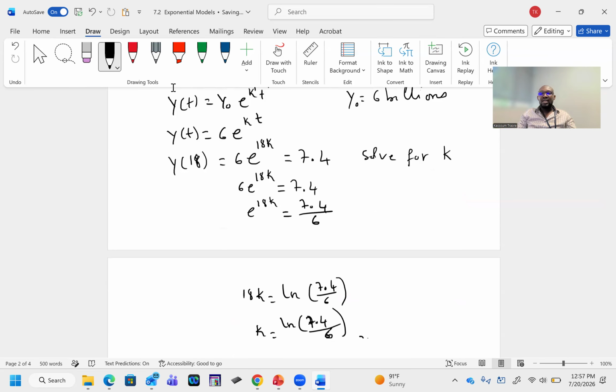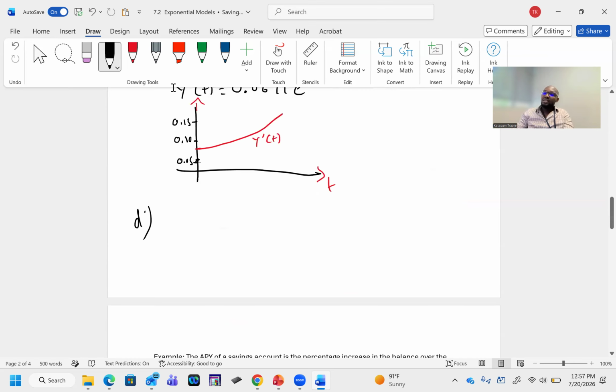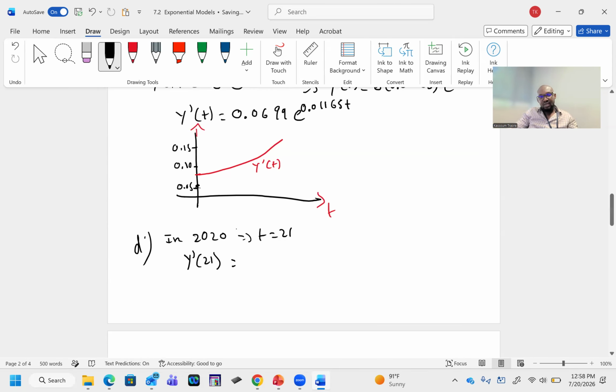So in 2020, t is equal to 21, right? So the growth rate is expected to be y prime of 21, which will be 0.0699 e to the power of 0.01165 times 21.